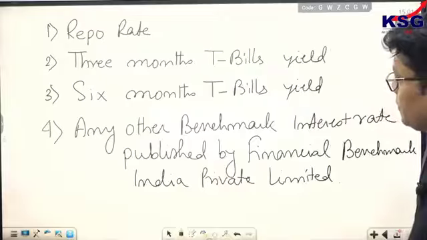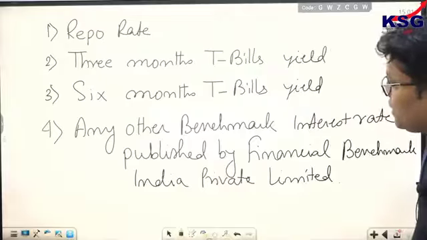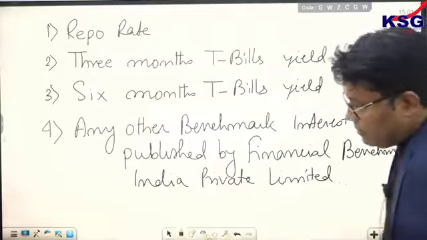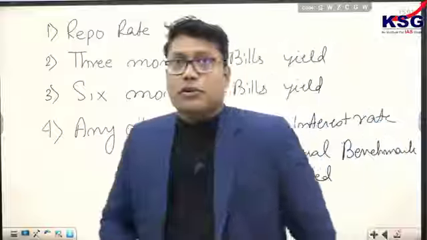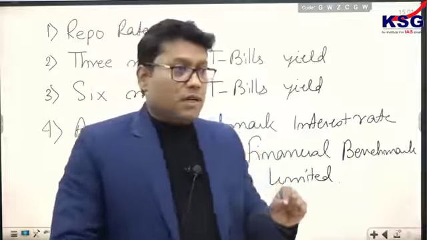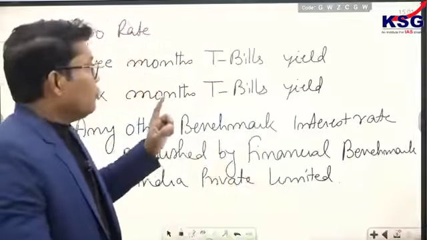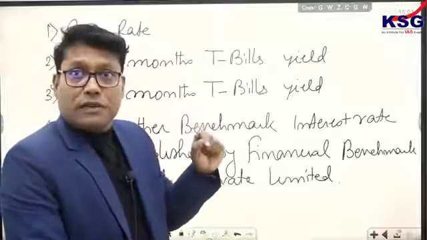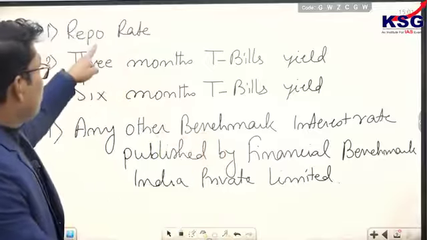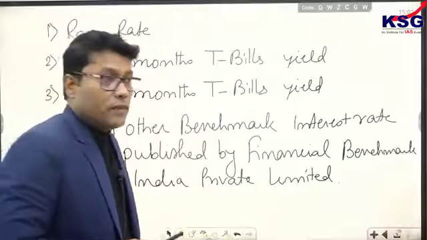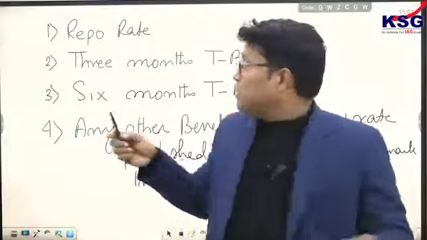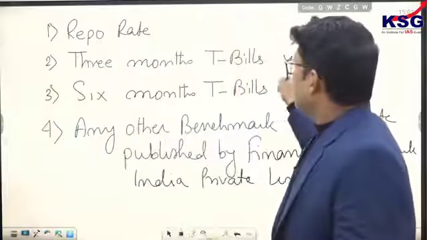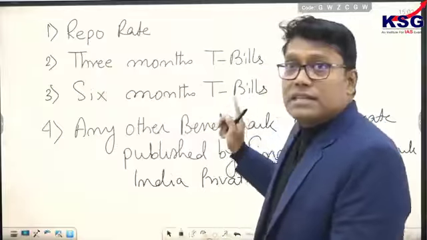So these options are given to the bank. Yes, the external benchmark. RBI says that for getting the cost of fund a reference, what should be the price of fund? Either you can take repo rate as the reference, or you can take 3 months T-bills yield or 6 months T-bill yields.